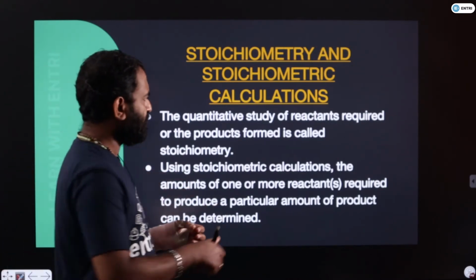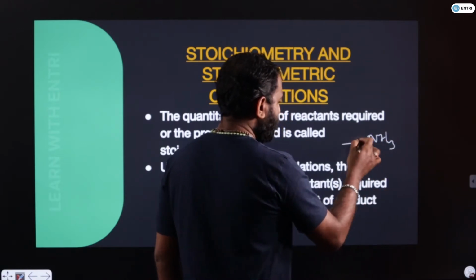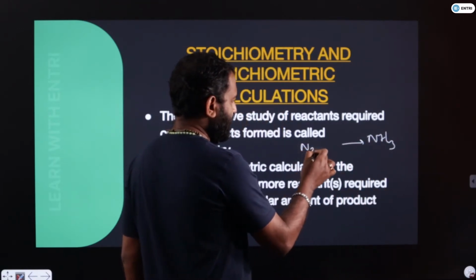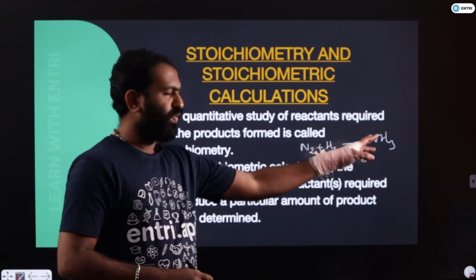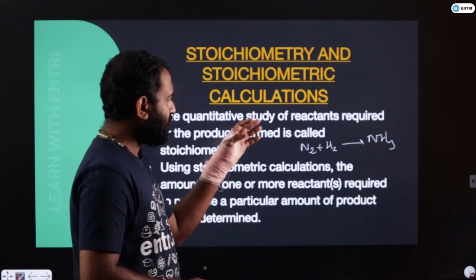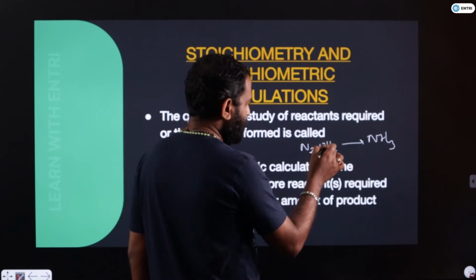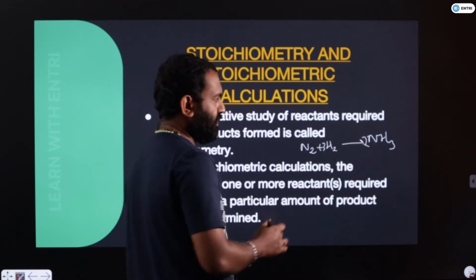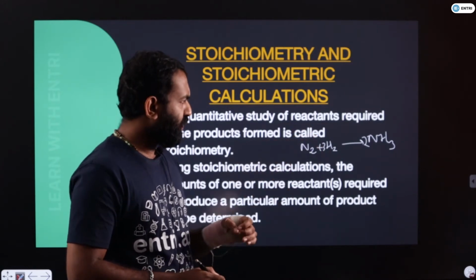For example, in the formation of ammonia, the reactants are nitrogen and hydrogen. Nitrogen combines with hydrogen to form ammonia, and by balancing, N2 plus 3H2 gives 2NH3. This is the balanced stoichiometric equation of ammonia formation.